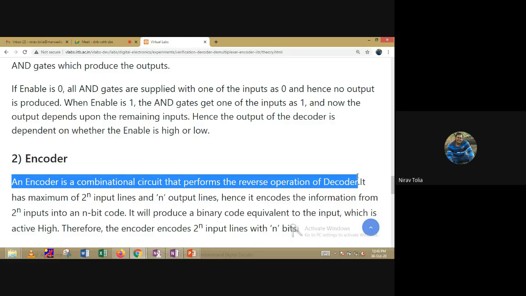What a decoder does is decode the code, so the input of the decoder is a code. But the encoder does the reverse operation. In the encoder, the input is known numbers, like decimal numbers or alphabetic characters.